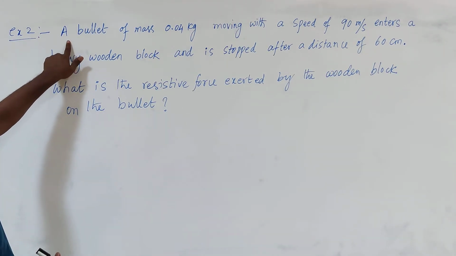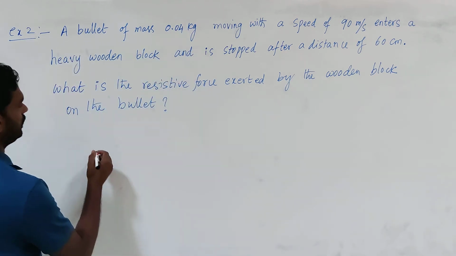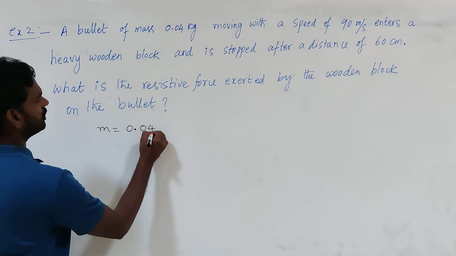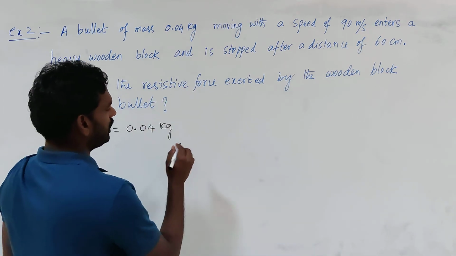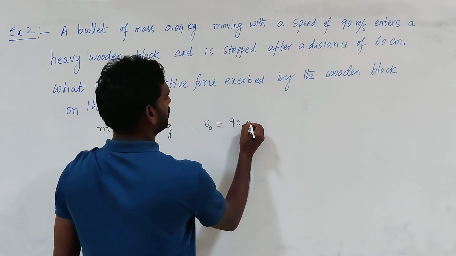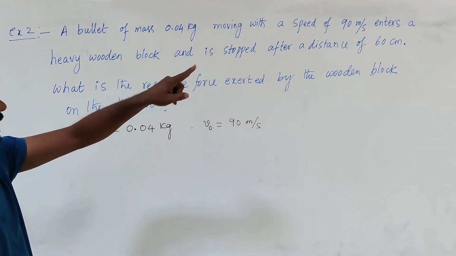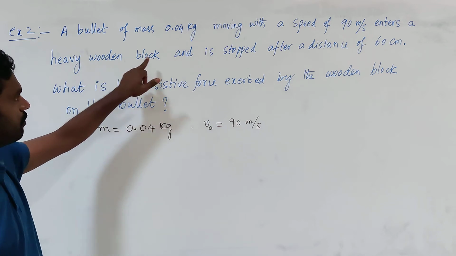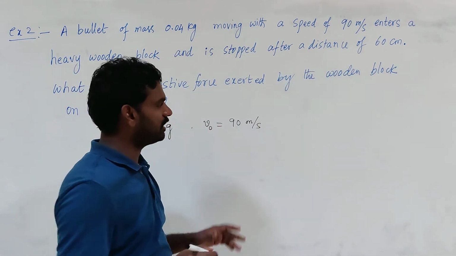Here the question is: a bullet of mass 0.04 kg, with an initial speed V0 equal to 90 meters per second, enters a heavy wooden block and is stopped after a distance of 60 centimeters.